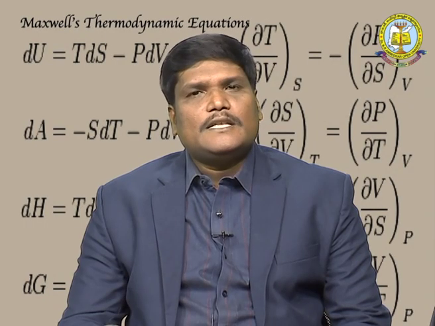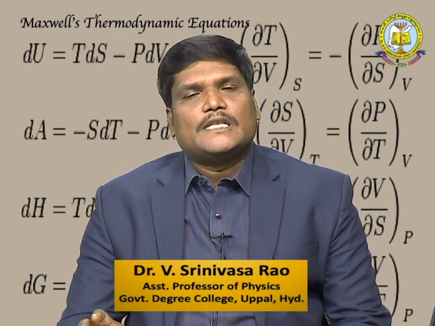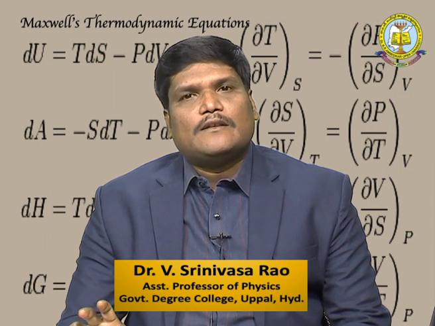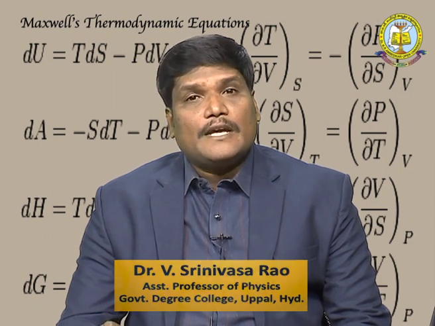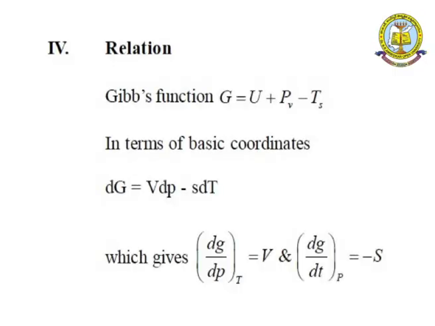So all these, the first, second, and third Maxwell equations, have been derived from the internal energy dU, the Helmholtz function dF, and the enthalpy dH. Another one is the Gibbs function dG.